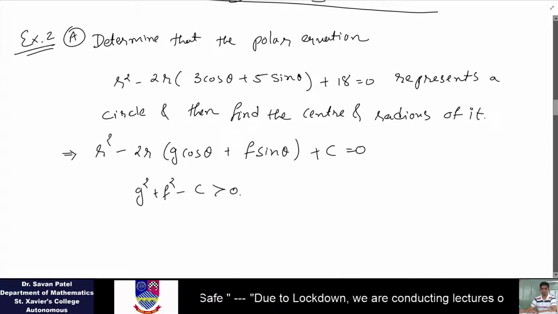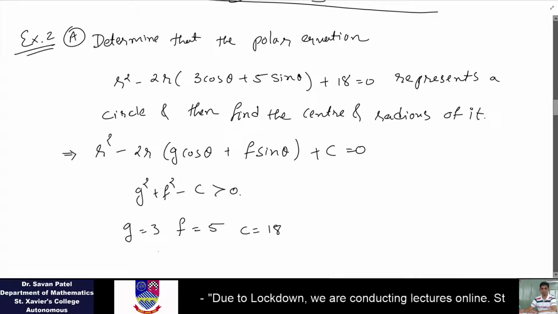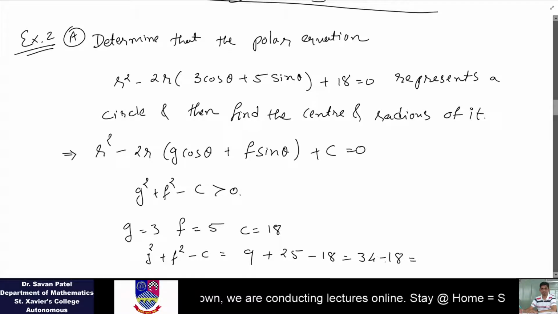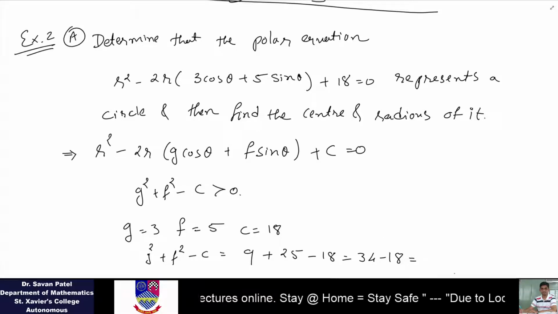So here r square is matching, so here your g is 3, f is 5, and c is 18. So g square plus f square minus c is 3 square, that is 9, plus f square, that is 25, minus 18, is 9 plus 25, it is 34, minus 18, which is equals to 16.